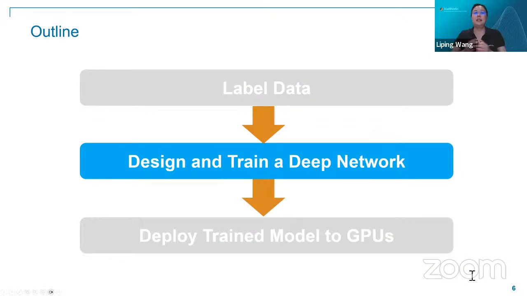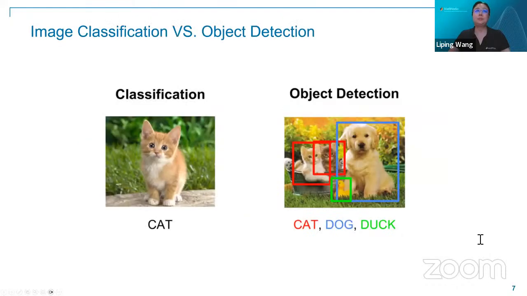Then the second part is how to design the deep learning neural network and how to train the network in MATLAB. In this demo, we will show object detection. Object detection is quite different from image classification.